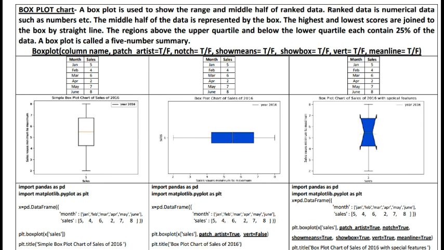Okay, so the box plot chart. Suppose when we have a small amount of data, we can create a bar chart or line chart. But when we have a large volume of data, we cannot plot it on a bar chart or line chart.